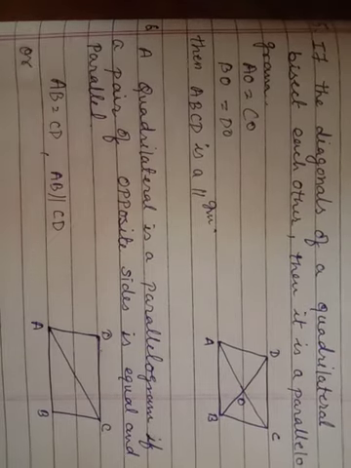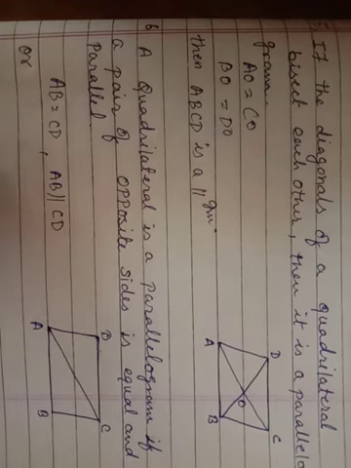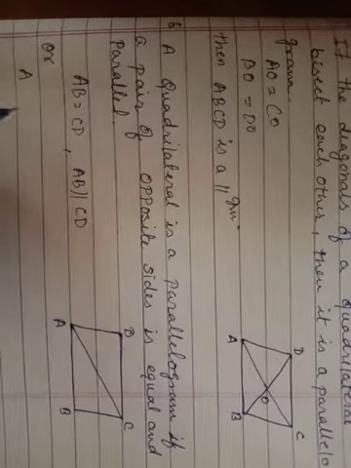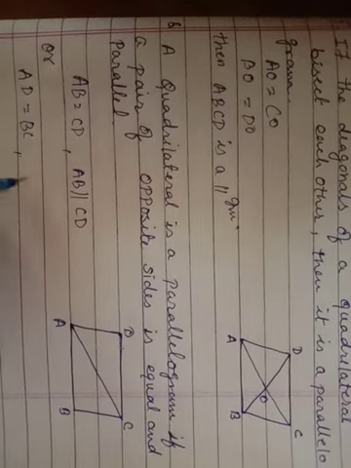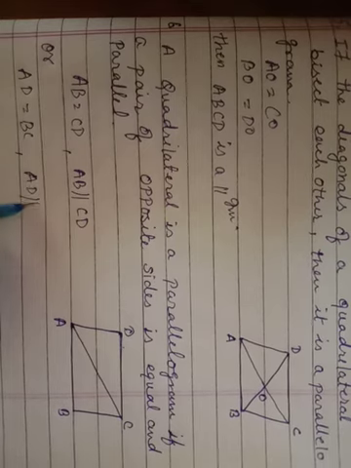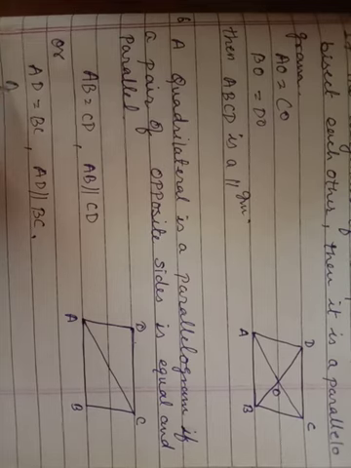Or it's not necessary that you take these horizontal lines, you can say by this also. Or if AD is equal to BC and AD is parallel to BC, then also ABCD is a parallelogram.